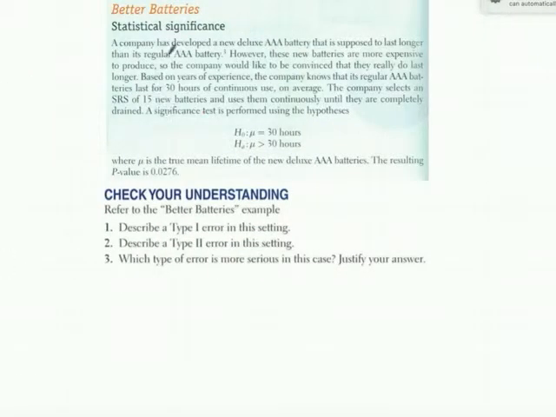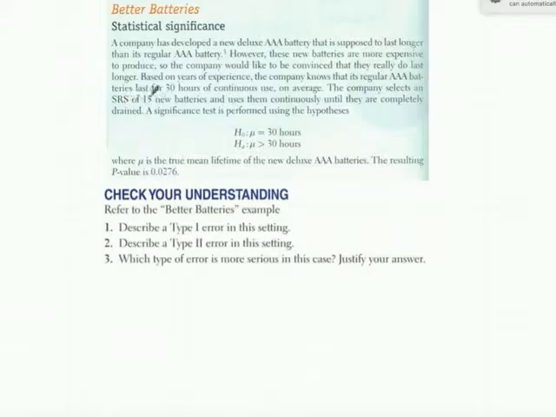All right, so check your understanding. A company has developed a new deluxe AAA battery that is supposed to last longer than its regular AAA battery. However, these new batteries are more expensive to produce, so the company would like to be convinced that they do last longer. Based on your years of experience, the company knows that its regular AAA batteries last for 30 hours of continuous use on average.